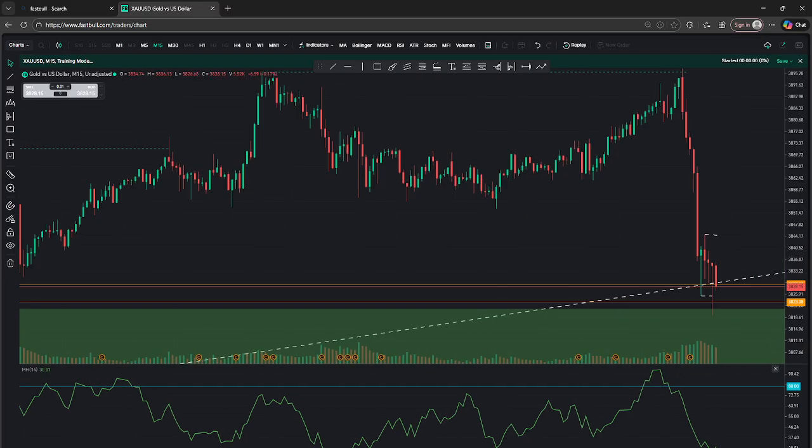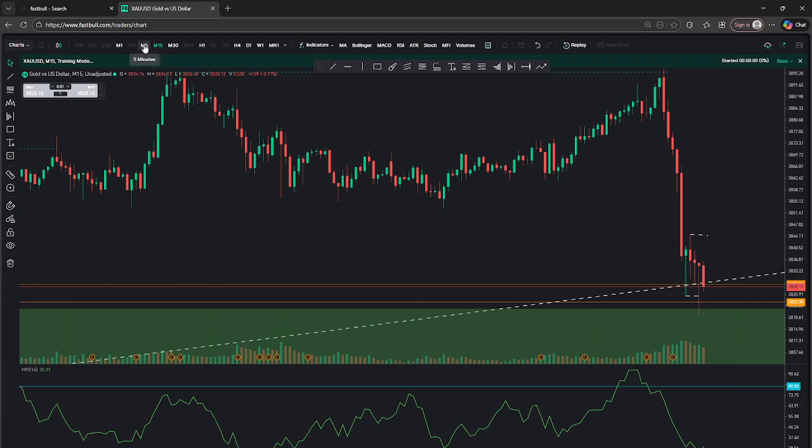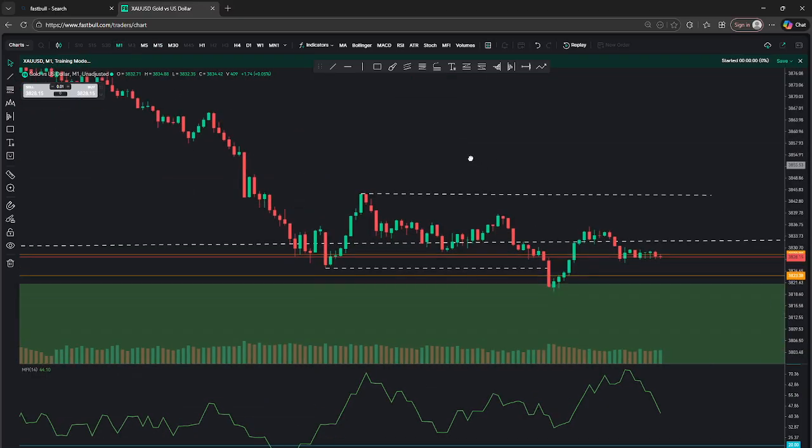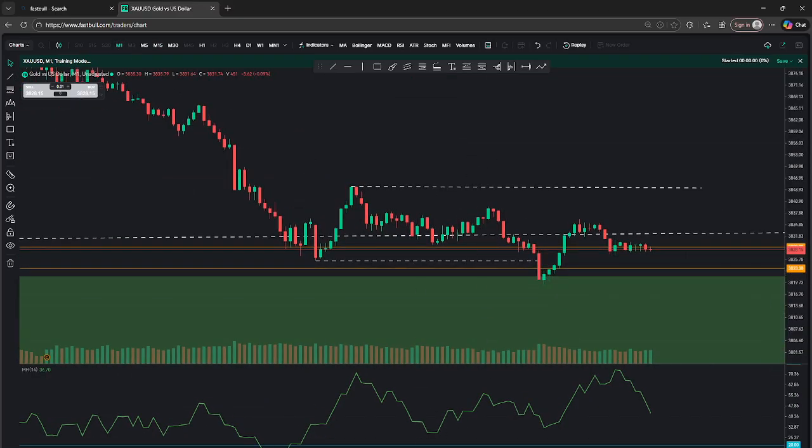So 15 minutes was sold, 30 minutes was sold. Trend line mitigation. So I'll play from the 1 minute to see how price will react.